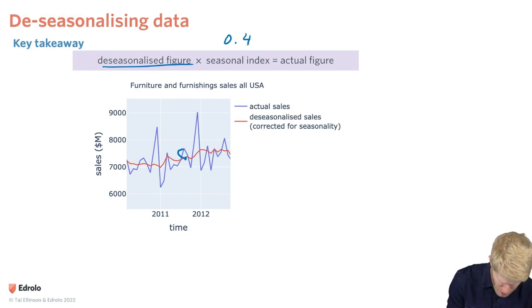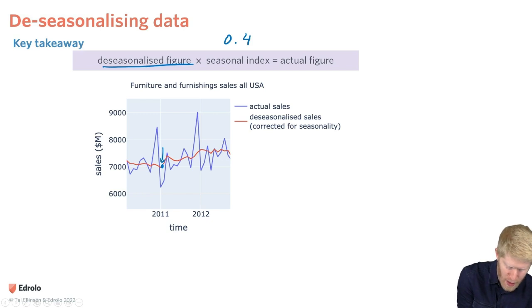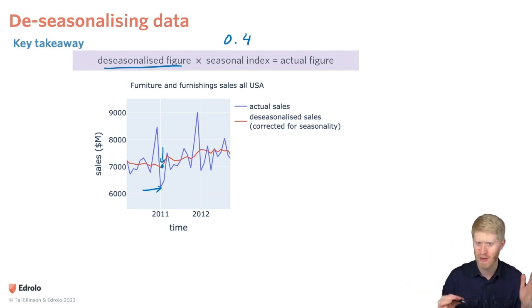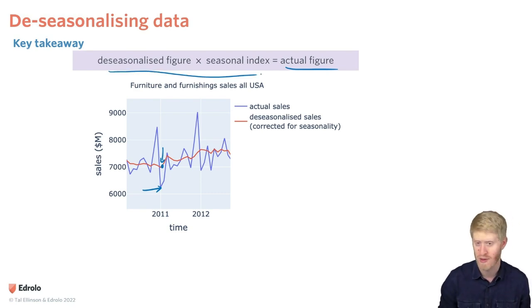Well, then I might be looking at this point over here, right? That's my deseasonalized value. It's my average value. If I times that number by 0.4, we get down to our actual value below. That actual value that has all the seasonality inside it. So that's what this formula says. It says to get the actual value, multiply your deseasonalized figure with your seasonal index.